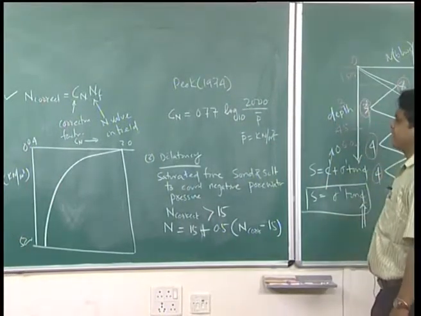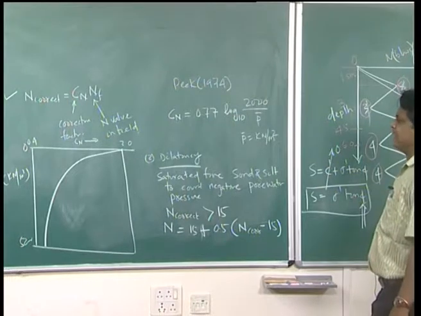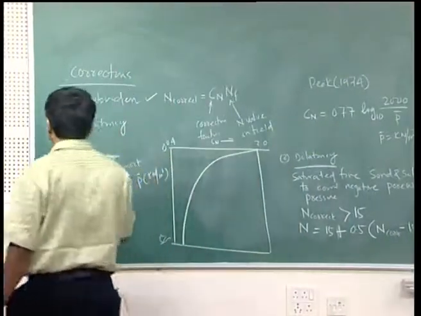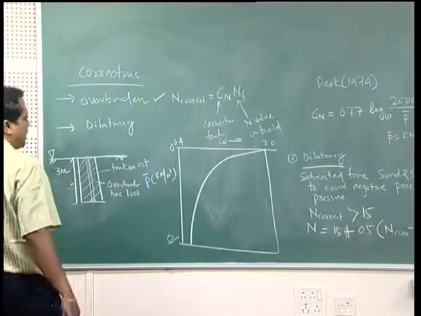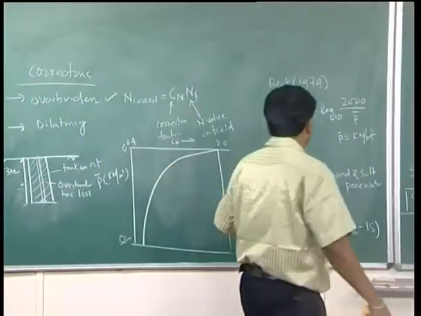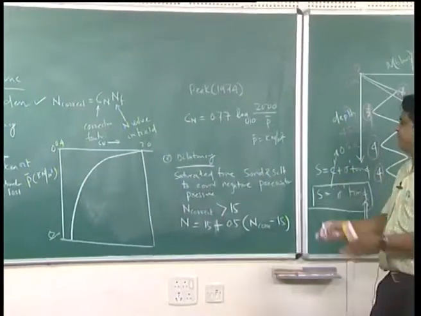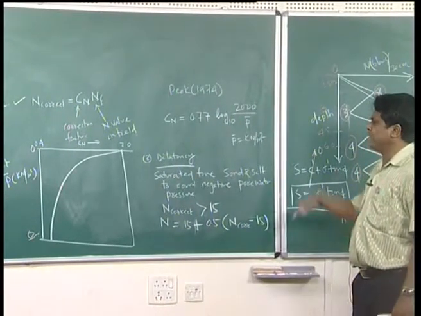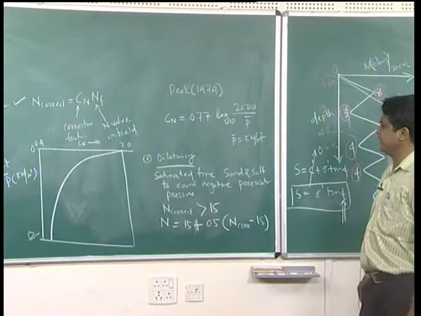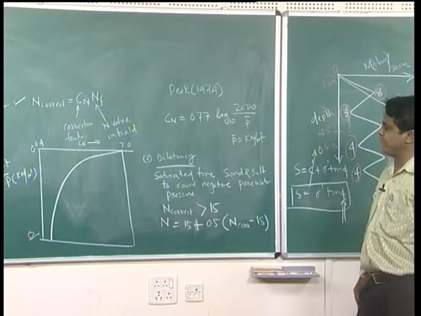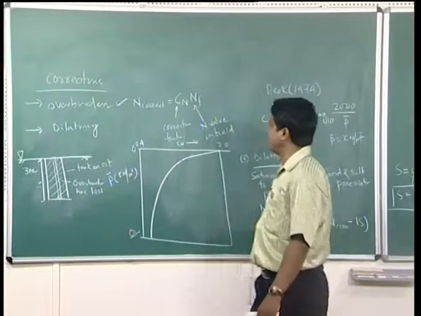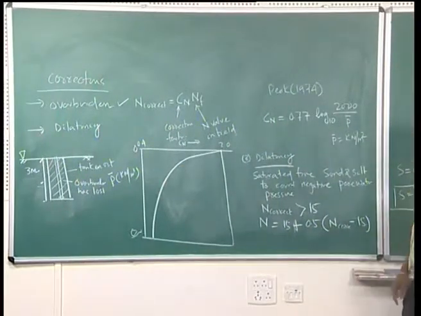Then come to the second correction, your dilatancy correction. Dilatancy correction is required if there is fine sand or silt and a water table is there. Fine sand and silt with water will give negative pore water pressure. To account for that, dilatancy correction is required, and it will be applied only when N corrected for overburden is greater than 15.